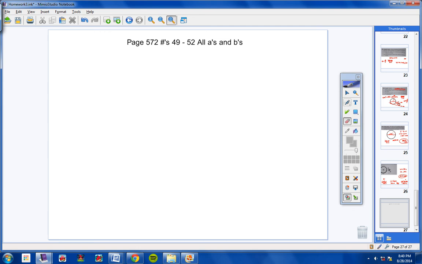All right, moving on to 52B, which is cosine of theta equals 0.3746. Let's quickly type into our calculators. I'm already in the radian mode, so I'm going to do radians first.